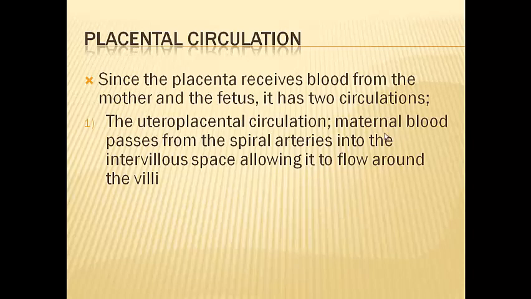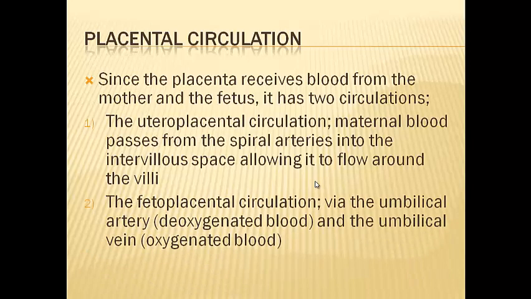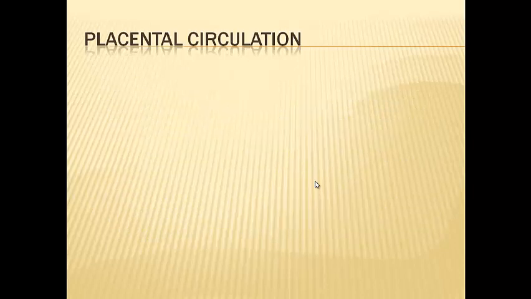I explained this a little in the last video, where I told you about the maternal blood passing into the intervillous spaces and allowing diffusion to happen between the villi and the maternal blood. And then you've got the fetal-placental circulation, which depends on the umbilical arteries, which carry deoxygenated blood from the fetus to the placenta, and the umbilical vein, which carries oxygenated blood from the placenta to the fetus.